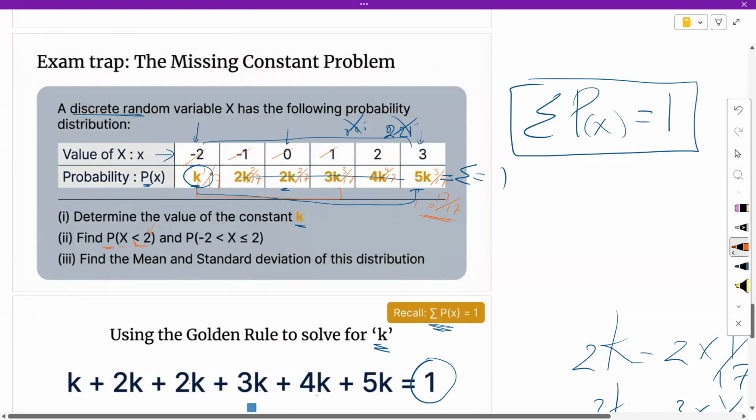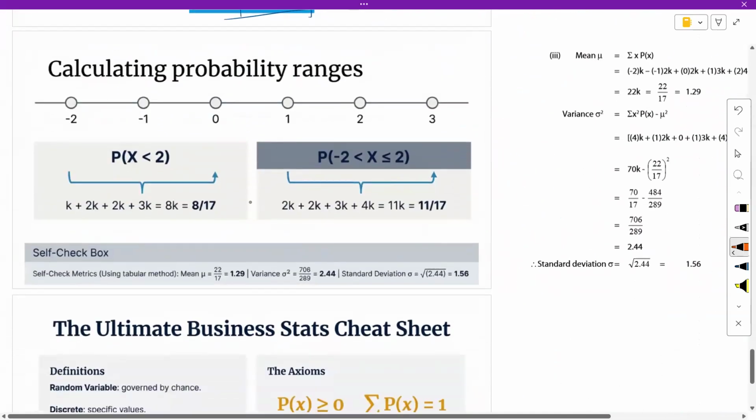Then how much? 1, 3, 5, 8. So simply the answer is 8 over 17, the probability of x less than 2.